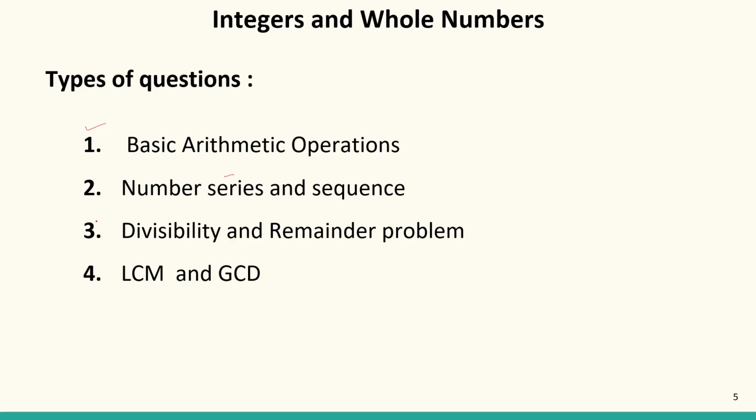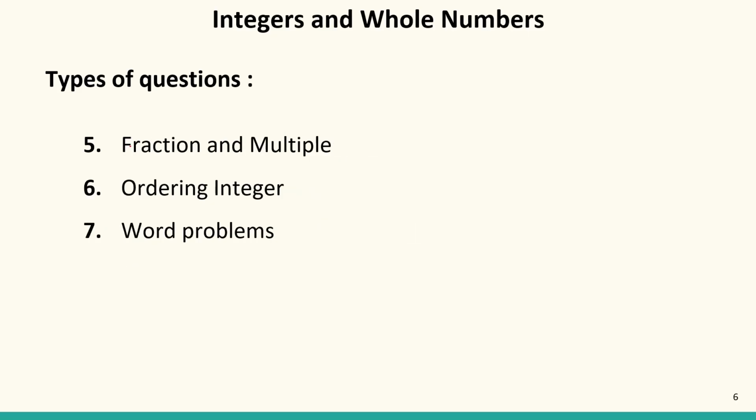The third is on divisibility and remainder problems, and the fourth is on LCM and GCD. The fifth type is on fractions and multiple ordering, and integer word problems. So let's see each one in detail.